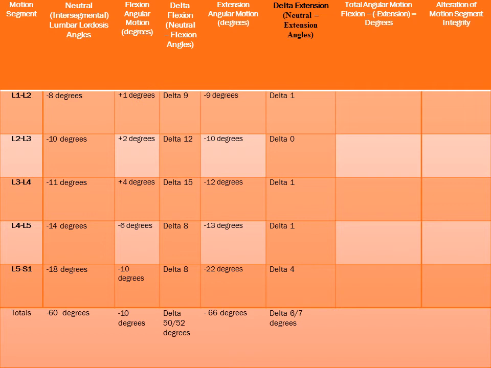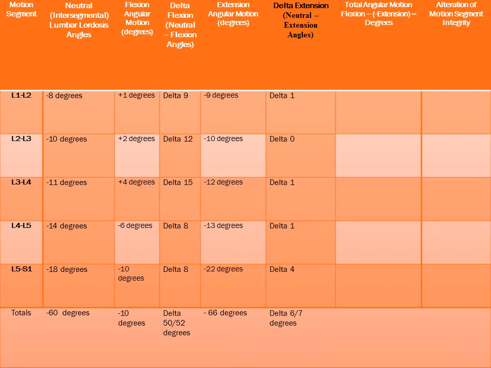So what would you conclude here? I conclude that there's relative immobility of the spine in moving from neutral lateral to lumbar extension. In fact, one of the motion segment levels, L2, L3, demonstrates 0 degrees of motion.